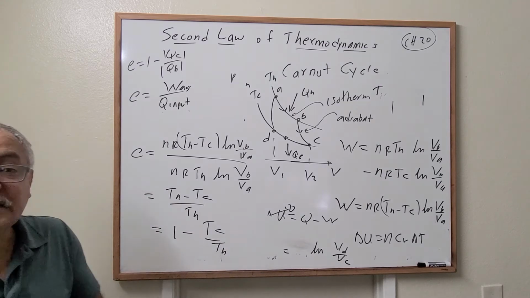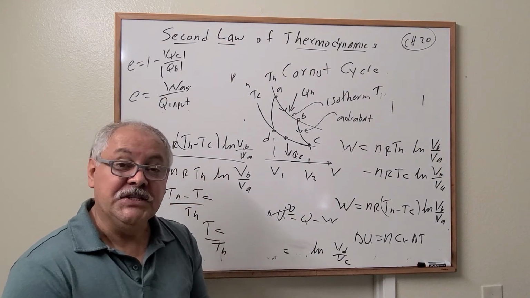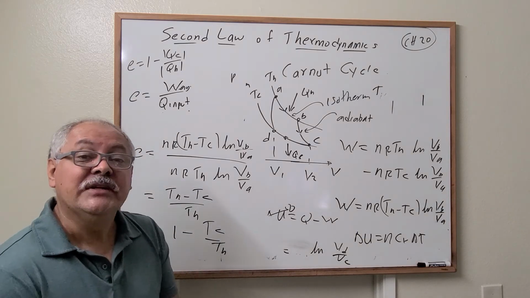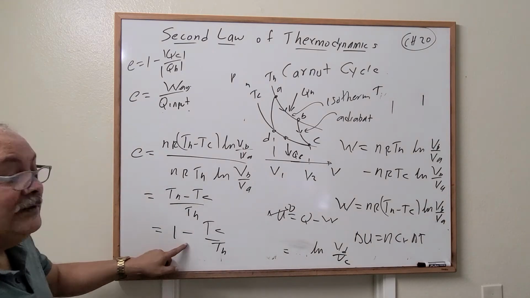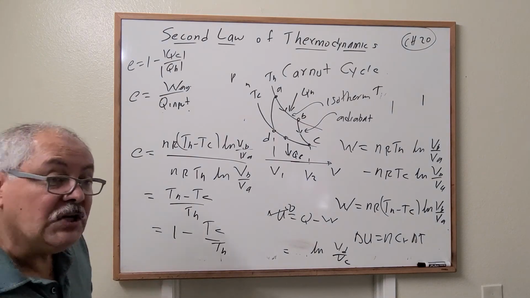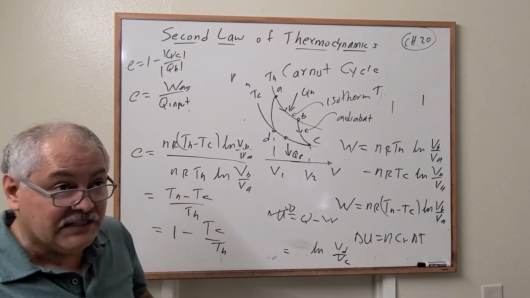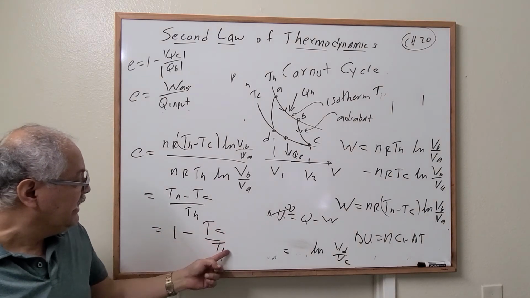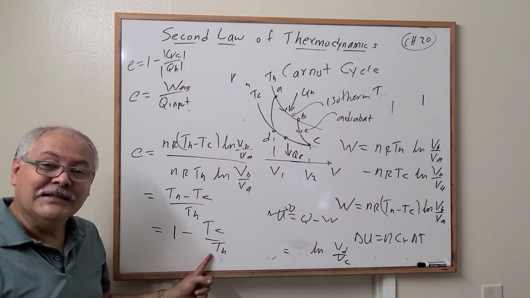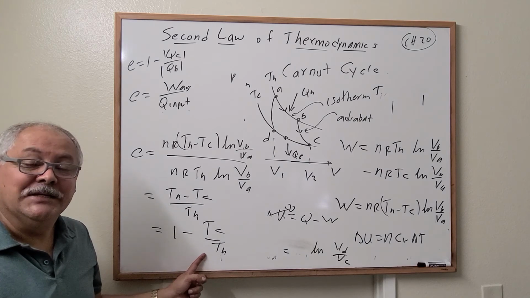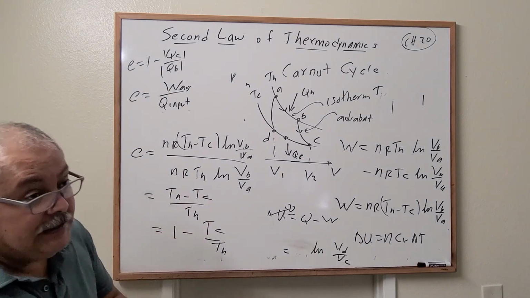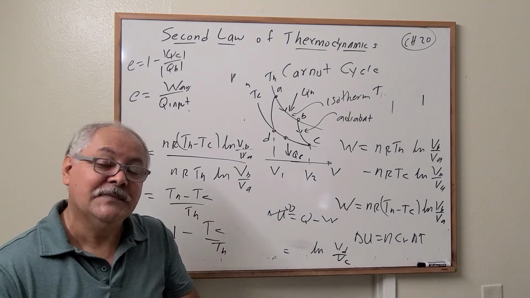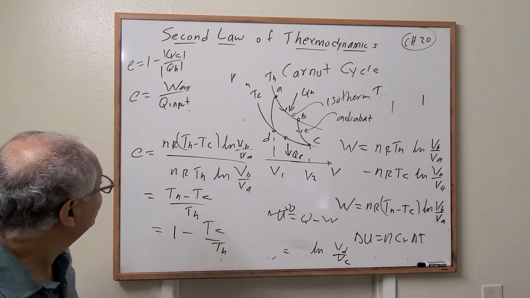And this is the famous Carnot efficiency. That's the maximum efficiency a heat engine could get. So another statement of the second law of thermodynamics is that no heat engine can go farther than this efficiency. Actually, the efficiency is less than 100%. Second law of thermodynamics.